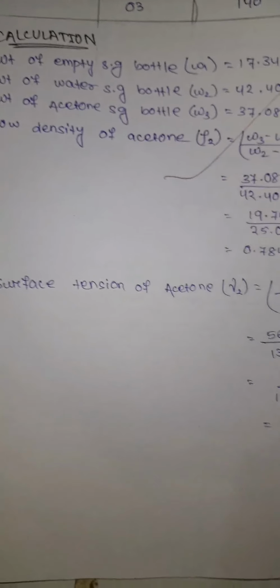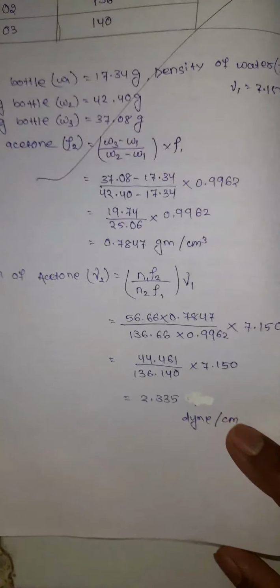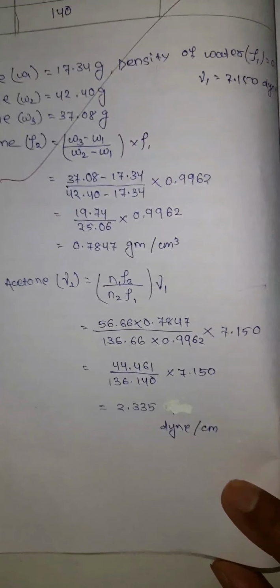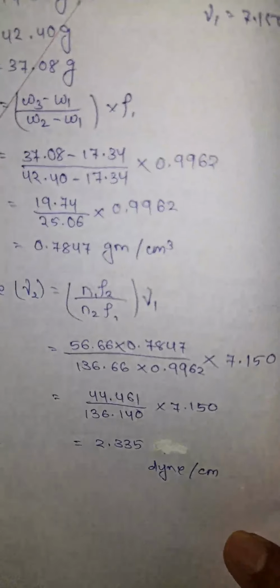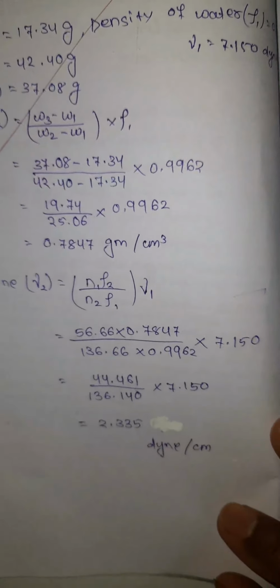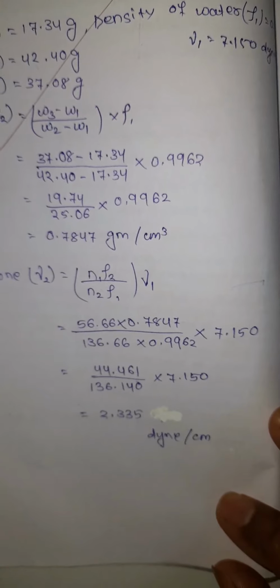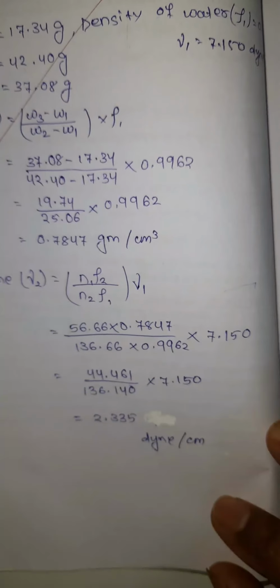Then surface tension of acetone, gamma 2, was determined by following this formula: N1 ρ2 by N2 ρ1 into gamma 1.